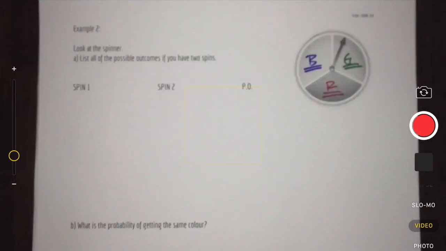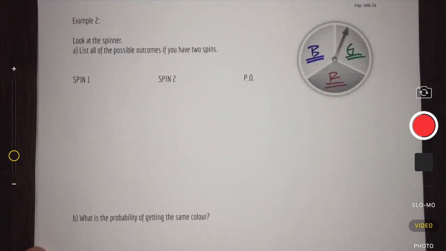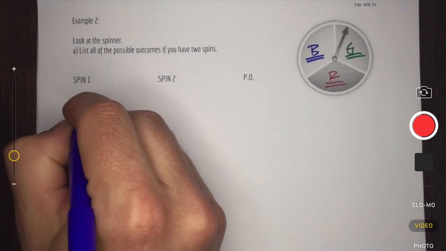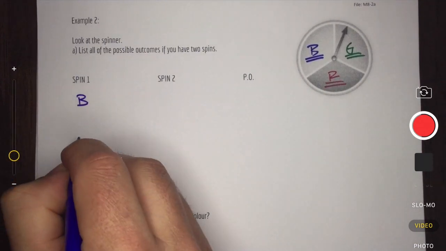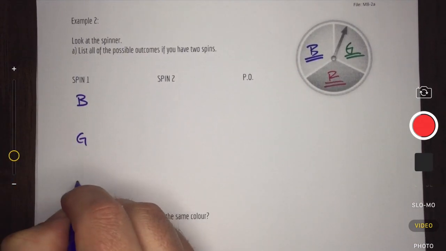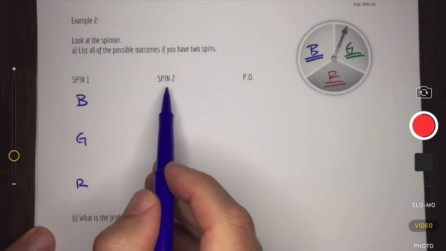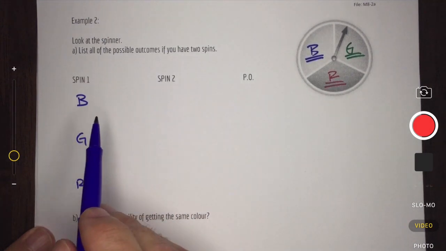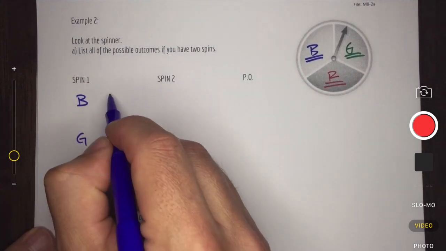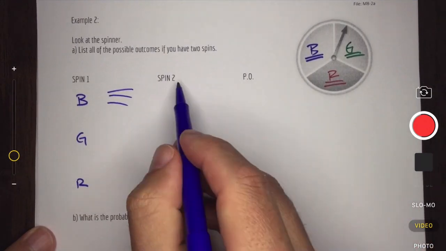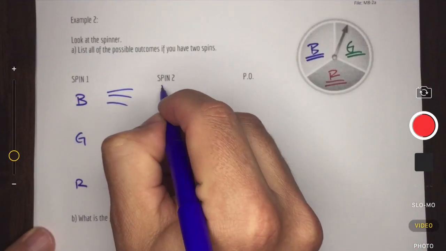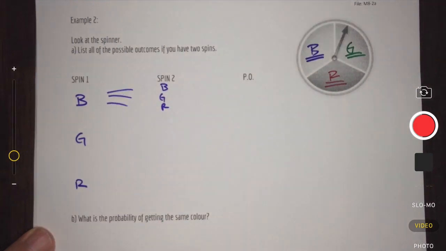If I spin the very first time, there are 3 different options I can land on: the blue section, the green section, or the red section. And I have an equal chance of landing on each of those sections. For spin number 2, I just have to think of resetting this. So if I land on blue the first time, and I'm going to draw some lines, for spin number 2 I can land on blue, green, or red.